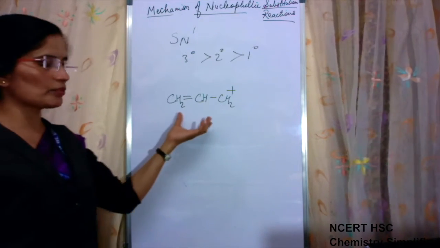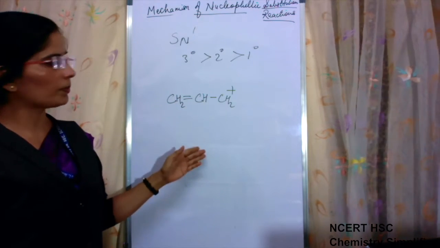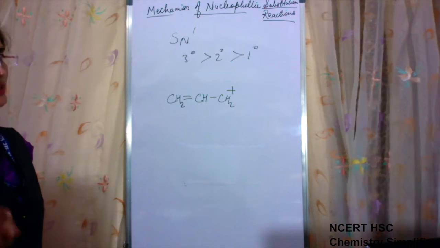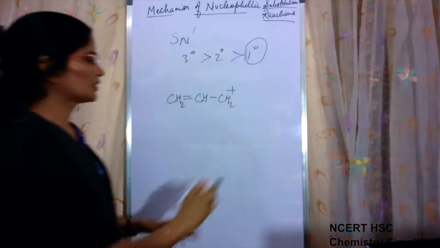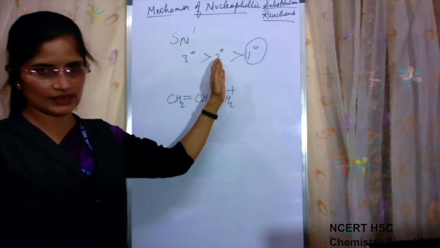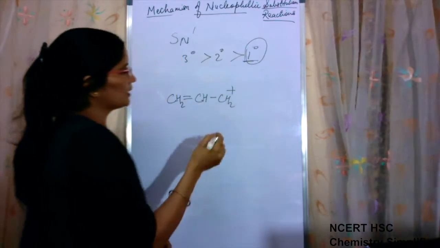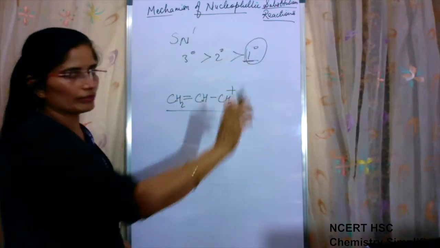Whenever there is a carbocation which can be stabilized by hyperconjugation or by simple conjugation or by resonance, then its stability will always be more as compared to 1 degree. 3 degree and 2 degree will be faster, but when we compare with 1 degree, this will be more reactive as compared to 1 degree.